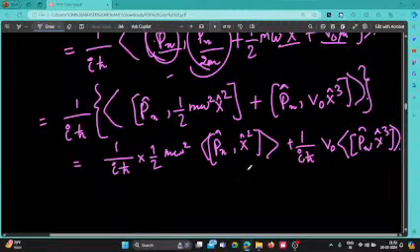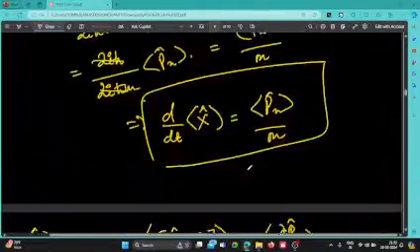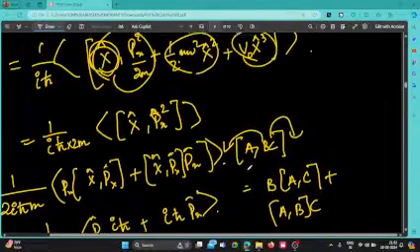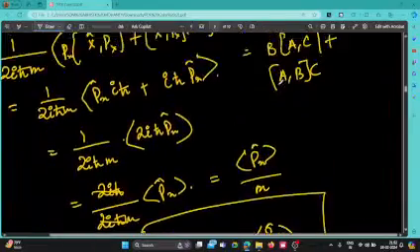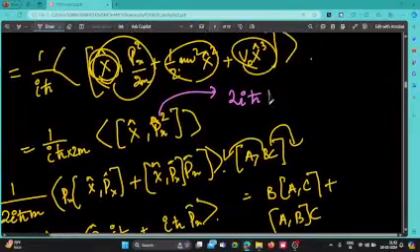See, we had calculated [x, Px squared], which was 2iħ Px.